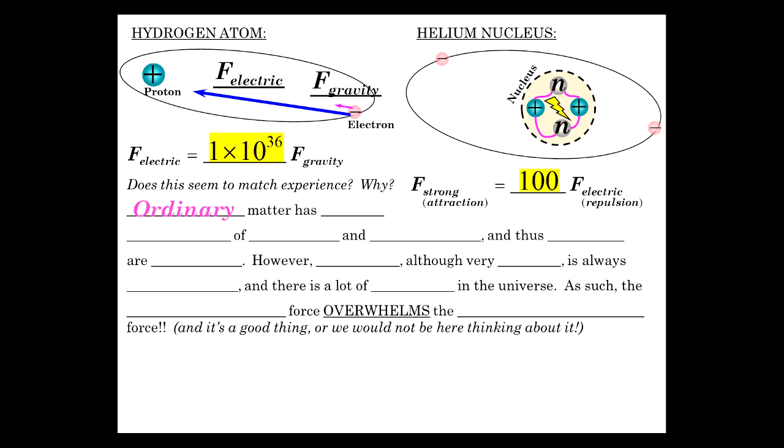Well, here is the answer to the question. Ordinary matter has equal numbers of protons and electrons. Now that was a big hint. If ordinary matter is not ionized, it's not charged, then the protons and electrons are equal. The amount of charge in a proton and electron is equal and opposite as well. So atoms are generally neutral.